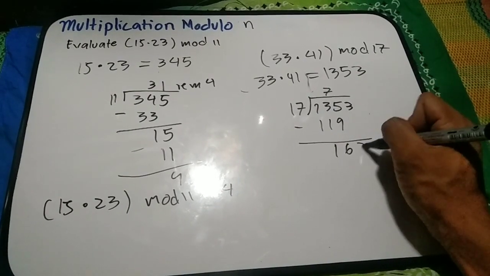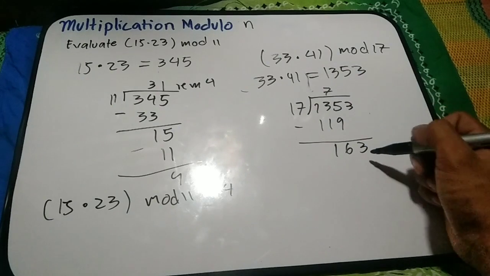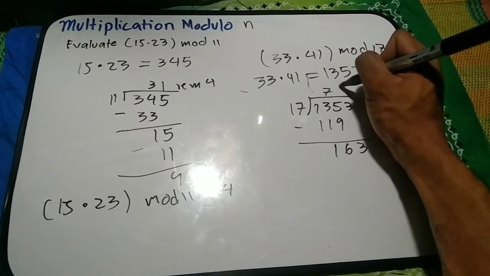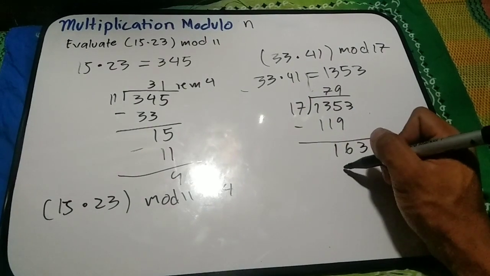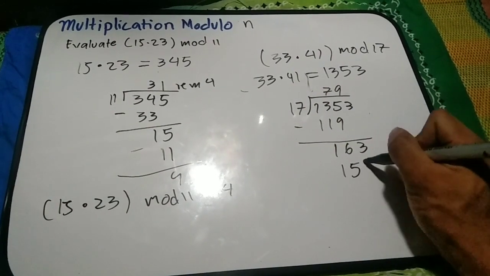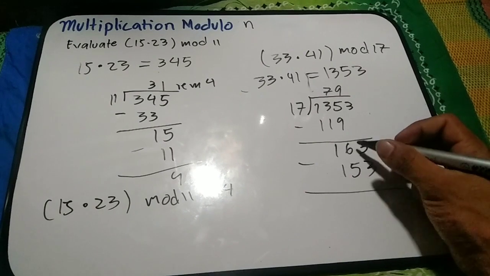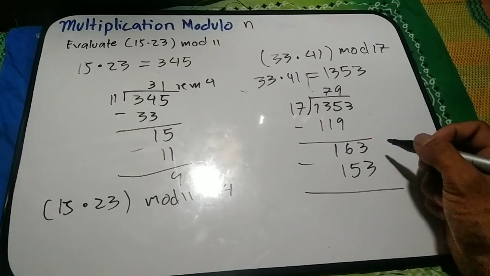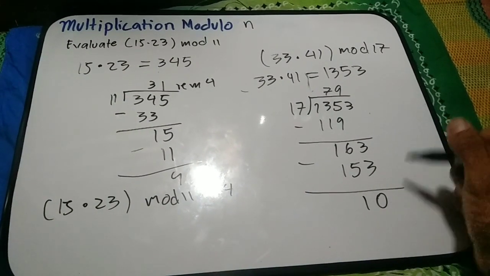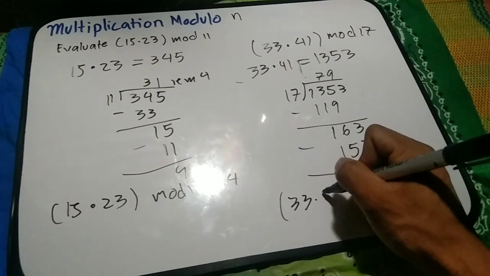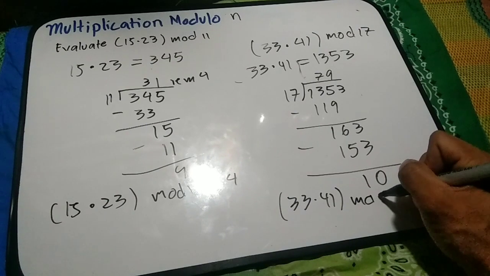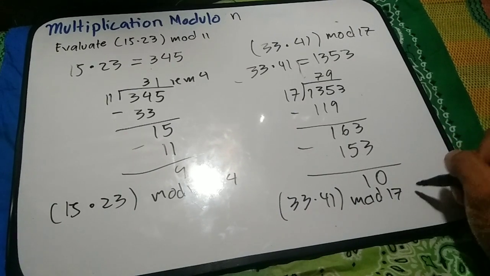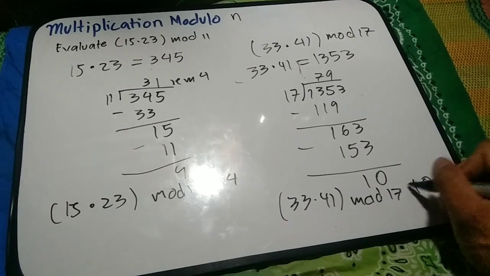Bring down 3. 17 divided into 163 is 9. 9 times 17 is 153. Subtract 153 from 163, which equals 10. 33 times 41 mod 17, the answer is 10.